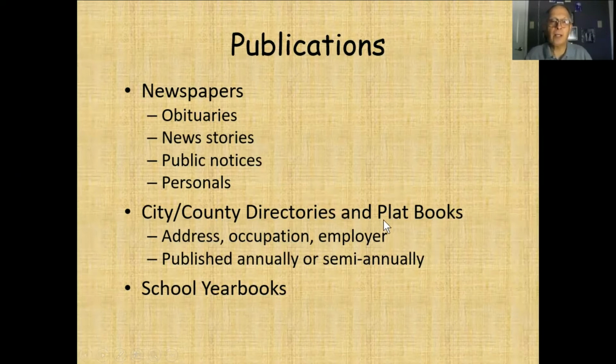City and county directories. Before there was Google, there were phone books, and there were city directories that listed individuals, usually indexed by last name, by address, and by phone number. And these came out about every 2 years. They usually indicated what the person did and where they worked.